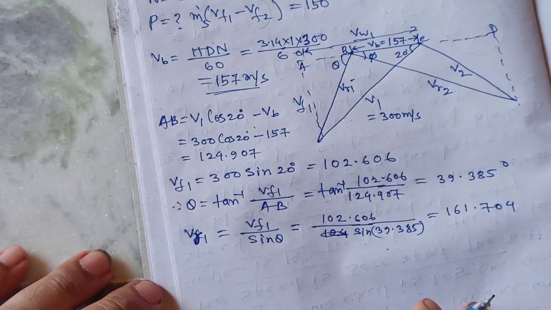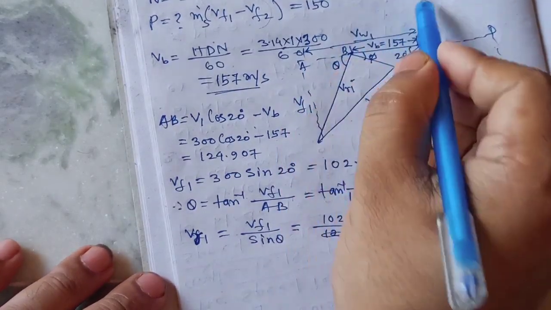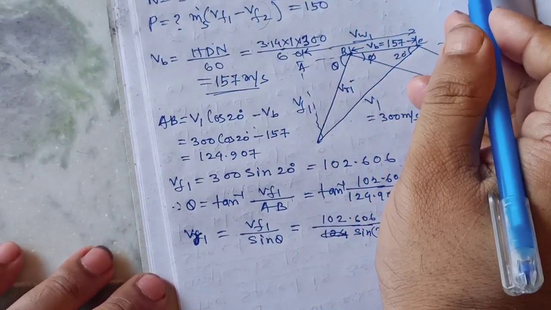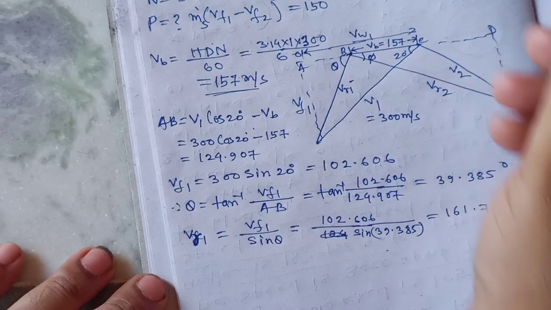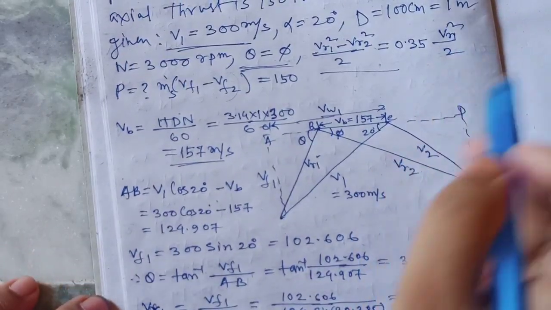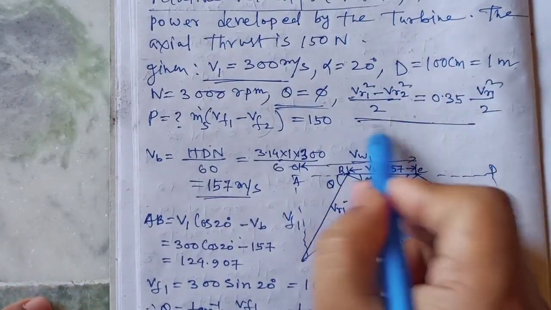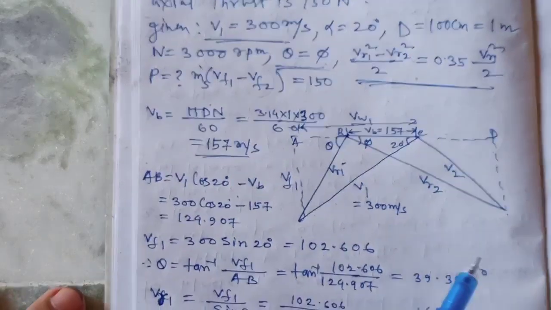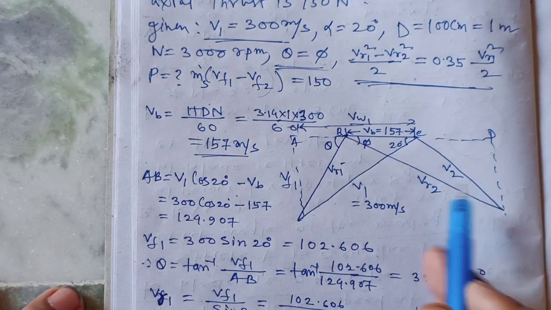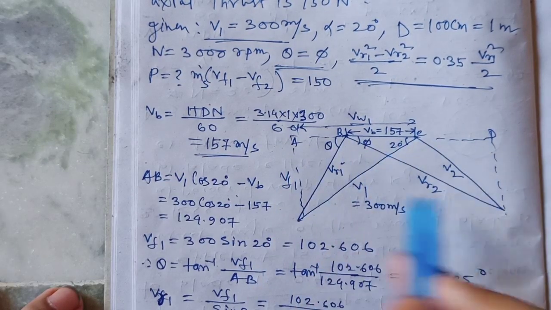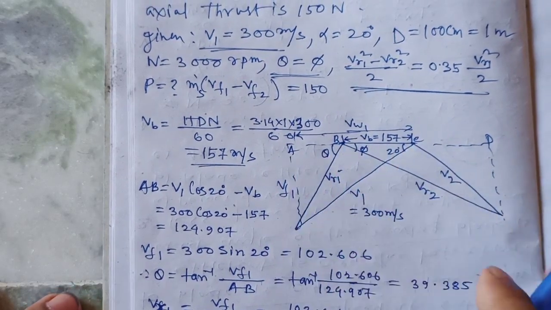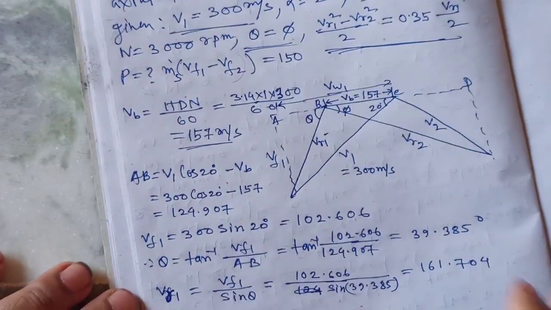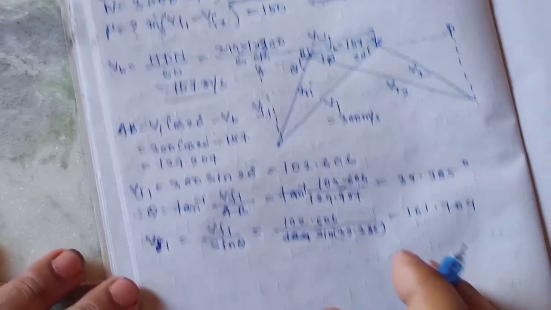Now it's given (VR1 square minus VR2 square) by 2 equals 0.35 VR1 square by 2. From this equation we can find VR2. So we can move from this inlet triangle to the outlet triangle. Now we have to find VR2.